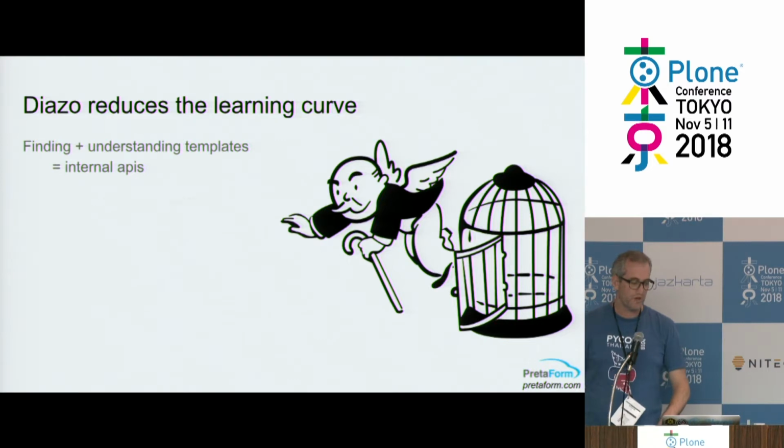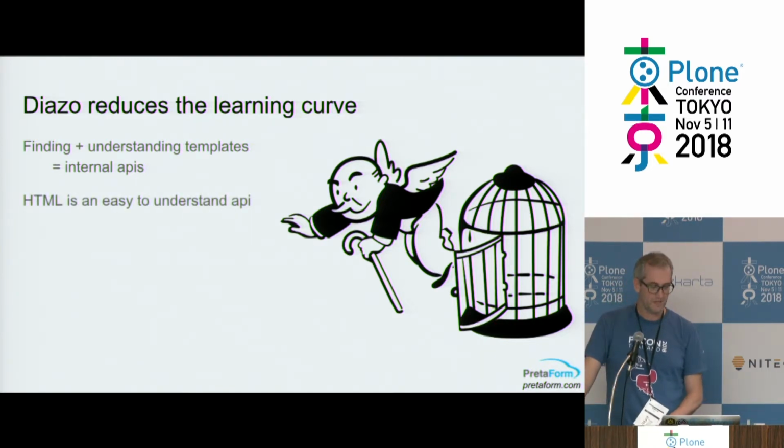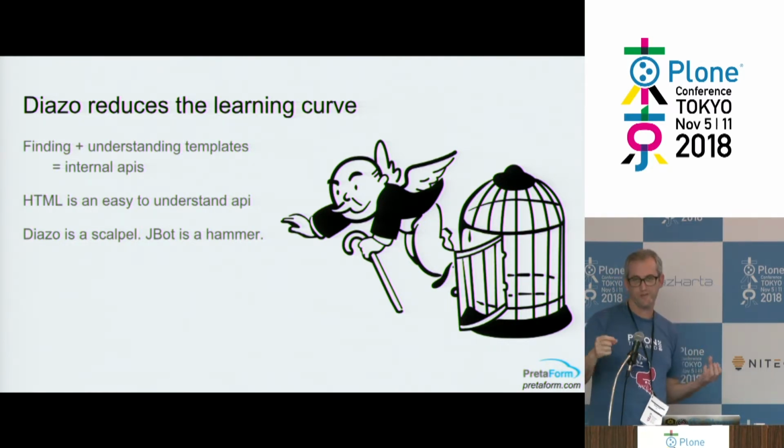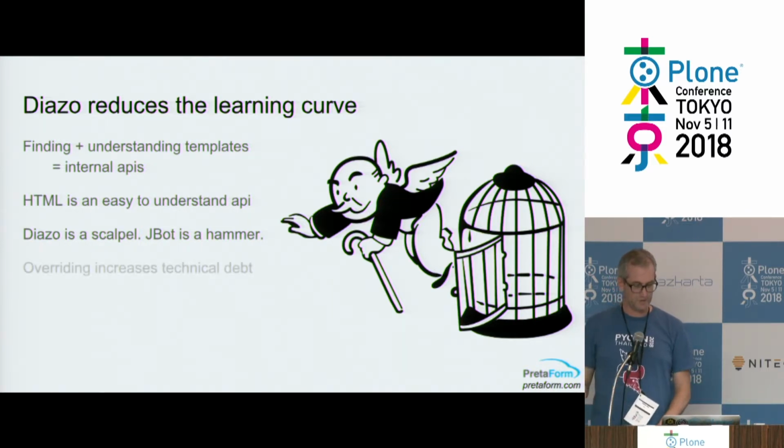The reason why I've talked in the past about Diazo is that it's great. One of the reasons I like it is that it's a scalpel. You can just go and override the little bit you want. I hate this idea that you take this large chunk of internal Plone code and you just want to change one little bit. And that's what JBot is. It's a massive hammer, and that incurs technical debt, basically.